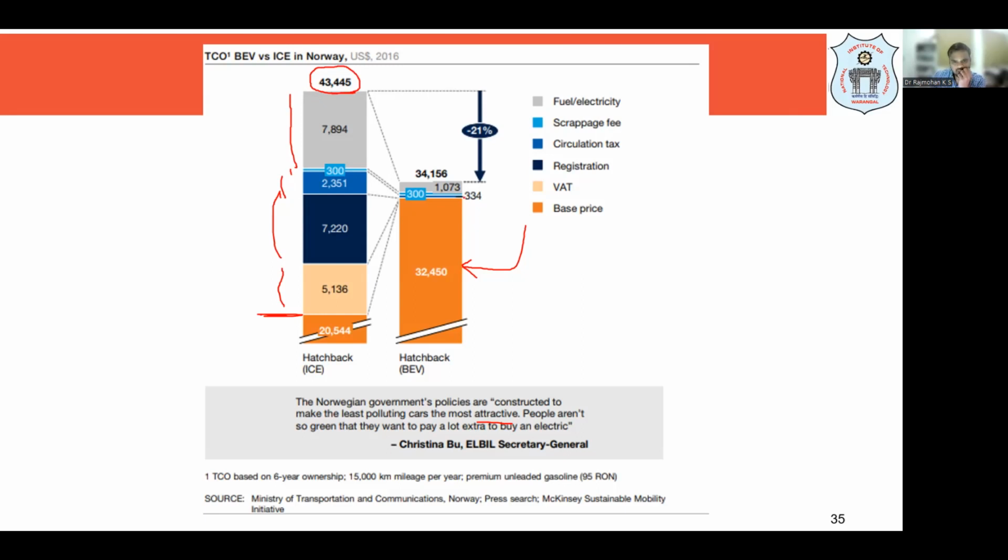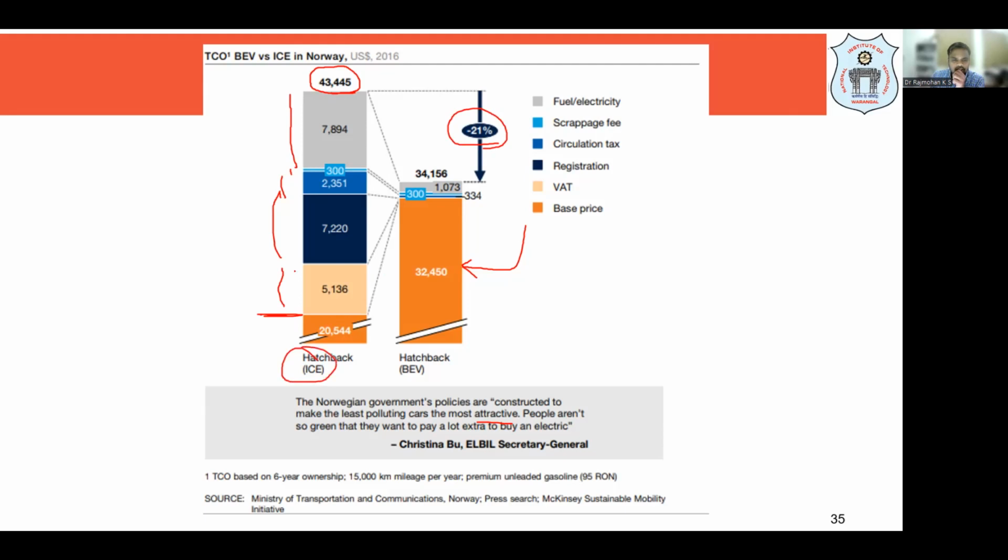But what the government does is keep very low, negligible taxes on electric vehicles, relaxing registration fees. There is no circulation tax and no scrapping fees, and your fuel cost, hydrogen cost or electricity cost is going to be very low. This means the overall cost is 21% less than the IC engine.